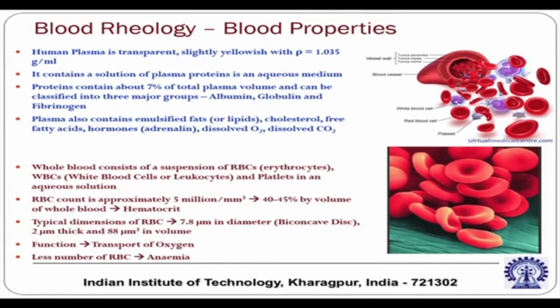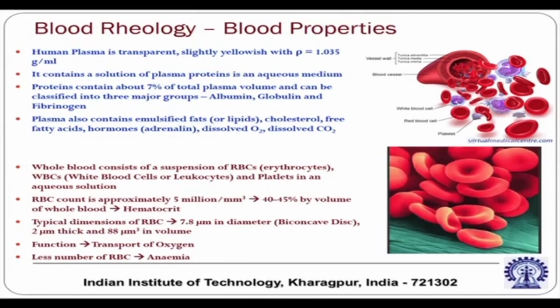Human plasma is the watery part of the blood that is transparent, slightly yellowish, with a typical density of 1035 kg per meter cube. So, you can understand that it is just like water density. It contains a solution of plasma proteins in an aqueous medium.